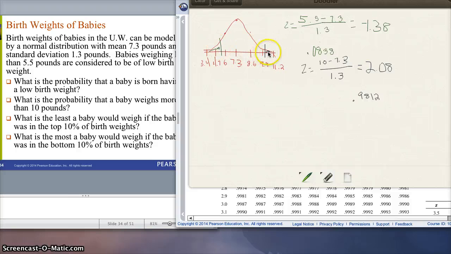Plus it makes sense that my answer should be fairly small. So that's where I have to do 1 minus it to get the answer. So 1 minus that is 0.0188. Okay, so almost 2% of babies weigh more than 10 pounds.